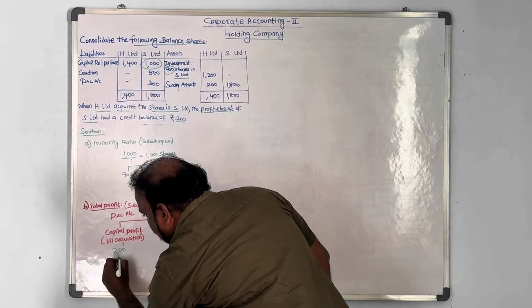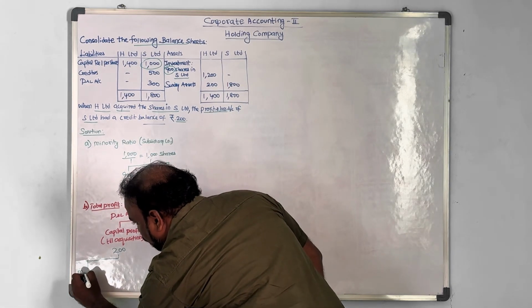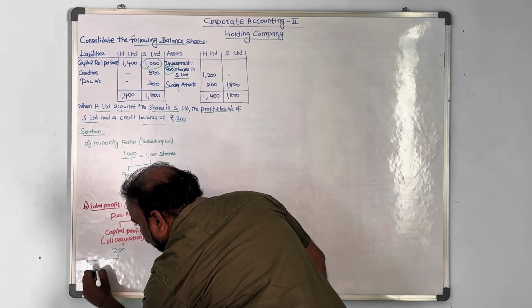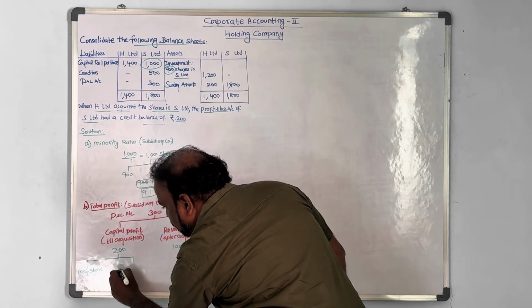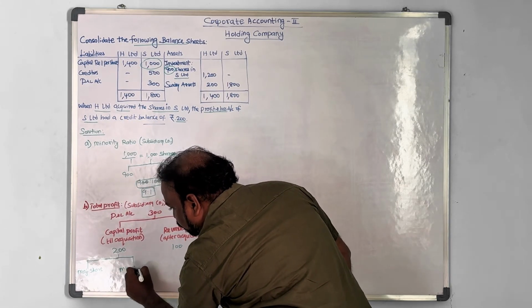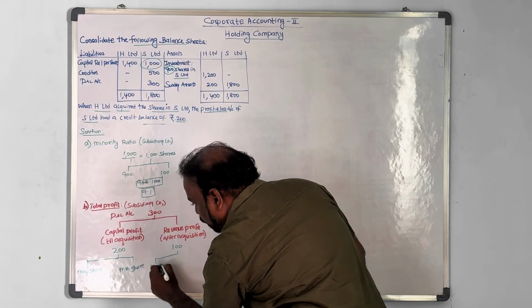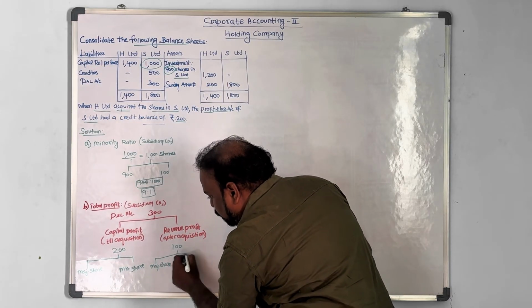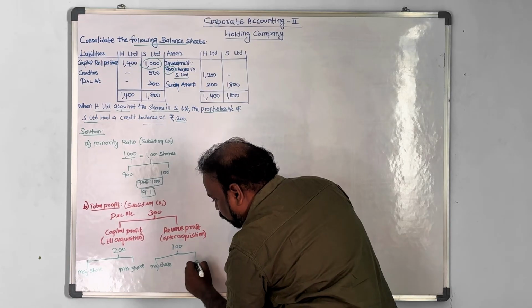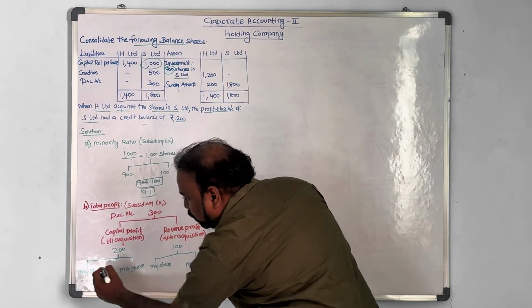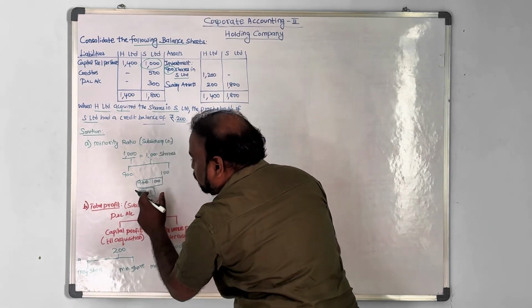After that we need to split into two: majority share and minority share. Again here also, majority share and minority share. The minority ratio is 9 is to 1.